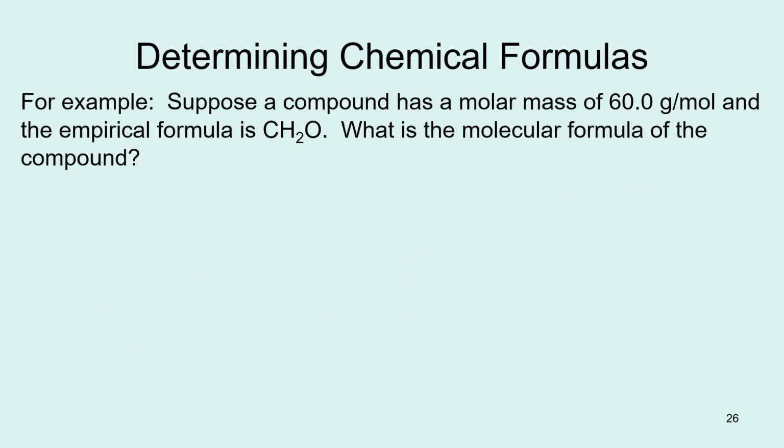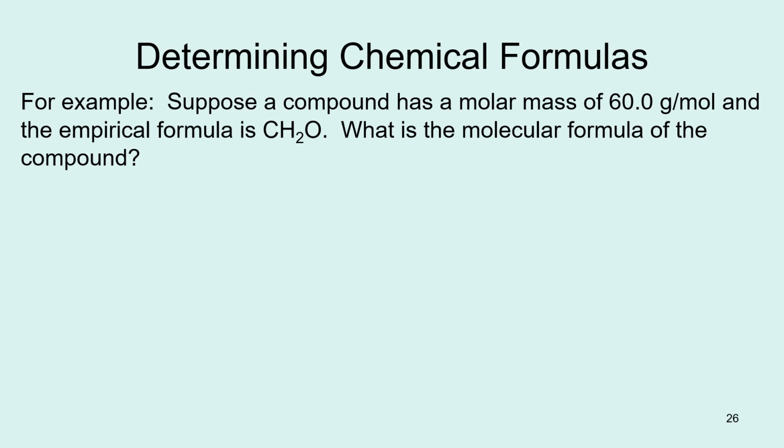Let's say we did that whole process for some unknown, and we came up with the empirical formula CH2O. So that's our lowest ratio, but we're not sure if that's the molecule or not. But then I say, this is the empirical formula. What is the molecular formula if its molecular weight is 60 grams per mole?